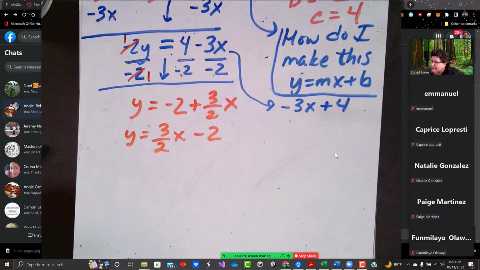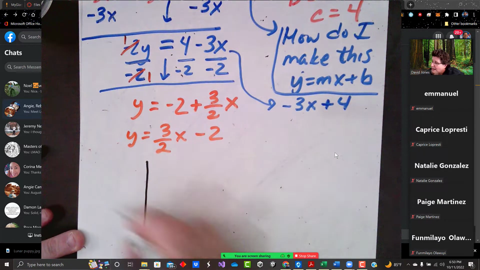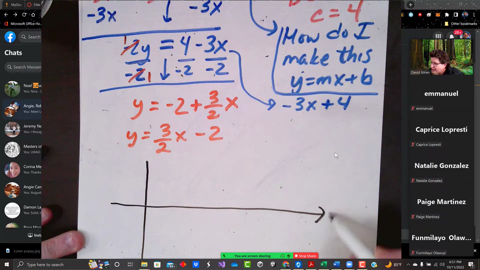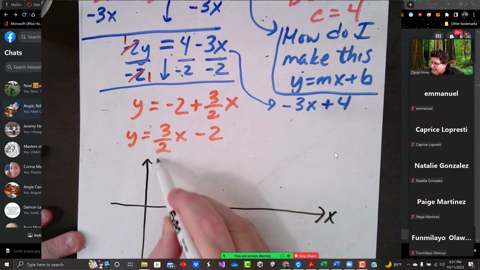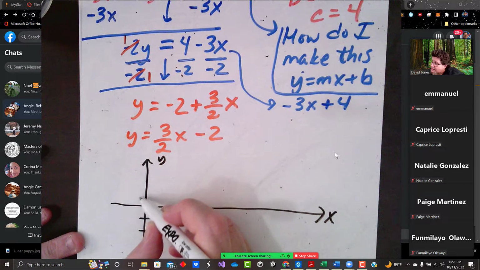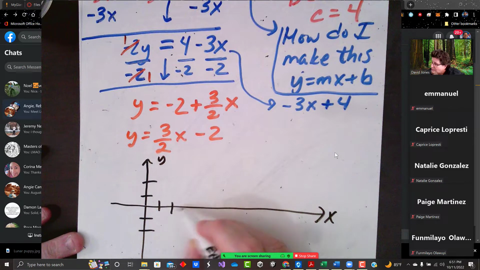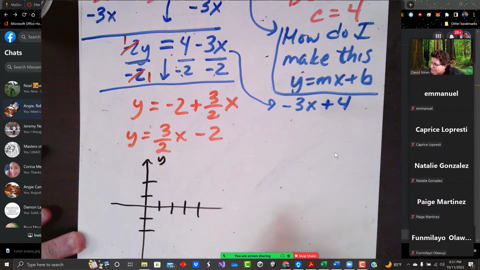And now this makes it easy to graph. I know I need my y-axis to go down at least 2. I guess I didn't need to make so much room here.